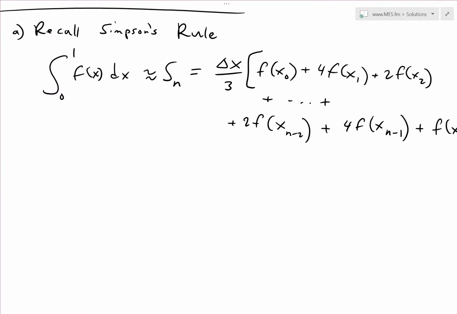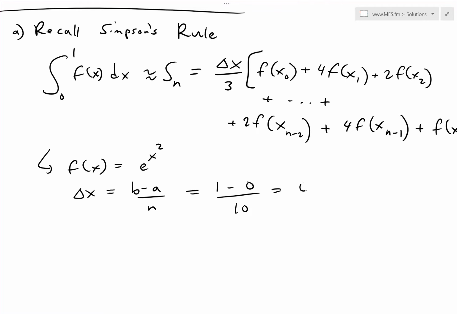In our case, f of x is equal to e to the x squared, which we are approximating, and delta x is the width of the subinterval. That equals b minus a over n, where n is 10, b is 1, and a is 0, the left endpoint, so it's 1 over 10, which equals 0.1.